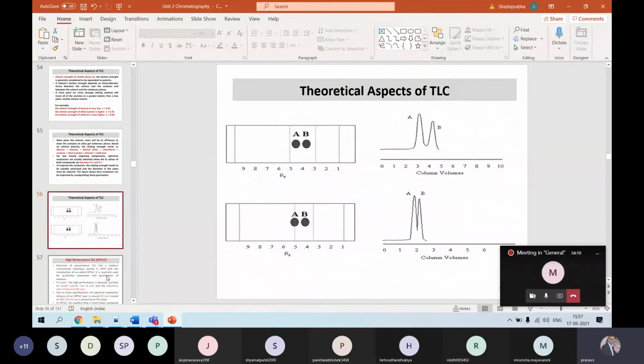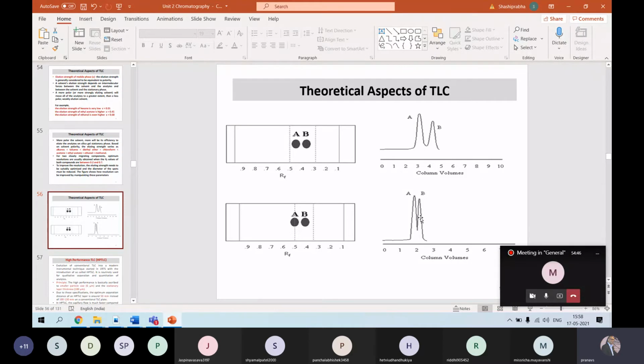These are all experimental things which one can optimize in TLC. If you get two spots which are very close, then naturally you try to resolve them. This is how the spots look on the TLC plate, and this is the corresponding chromatogram, which one can visualize from this.